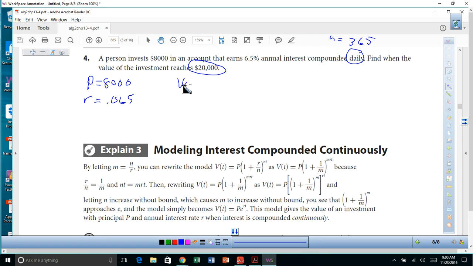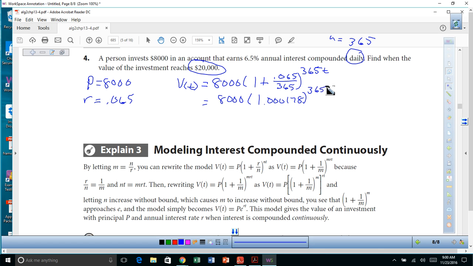So V sub t equals the value at time t would be 8,000 times 1 plus 0.065 over 365, to the 365 t. All right, if you simplify it a little bit, that would give you 1.000178, and that's 365 t.